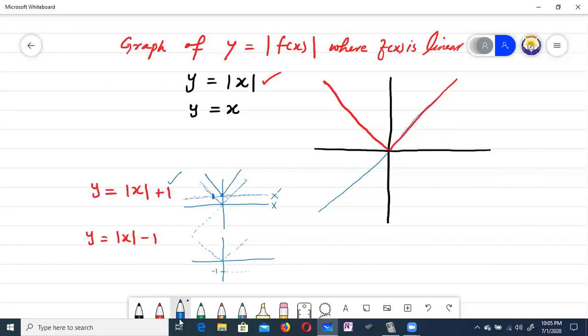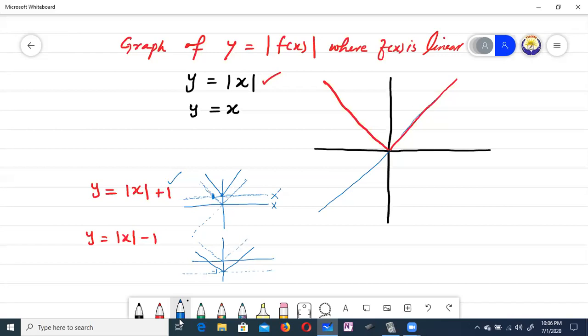Here is the new x-axis, translated x-axis. Then at this point, we will take the turning point here on the y-axis, and this will be the graph of y is equal to modulus of x minus 1. If minus 1, we will go down, minus 2 more down, minus 3 more down, like this. And for positive, we will go up. This is the way to draw the graph of modulus functions.